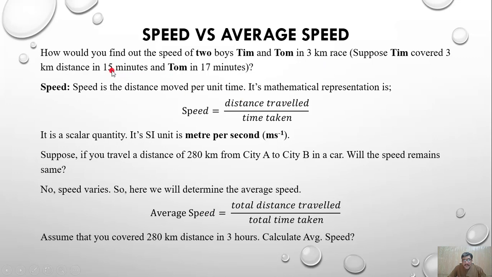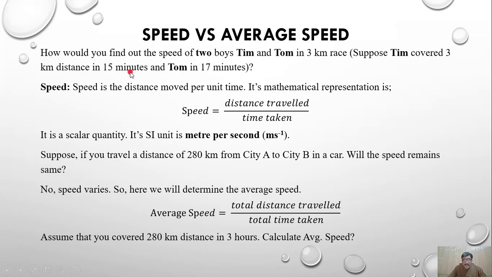Here we have time in minutes and distance in kilometer. So we have to change this unit of time, that is minute, into hours. Because kilometer is the bigger unit, we have to change the unit of the other quantity also, that is time.